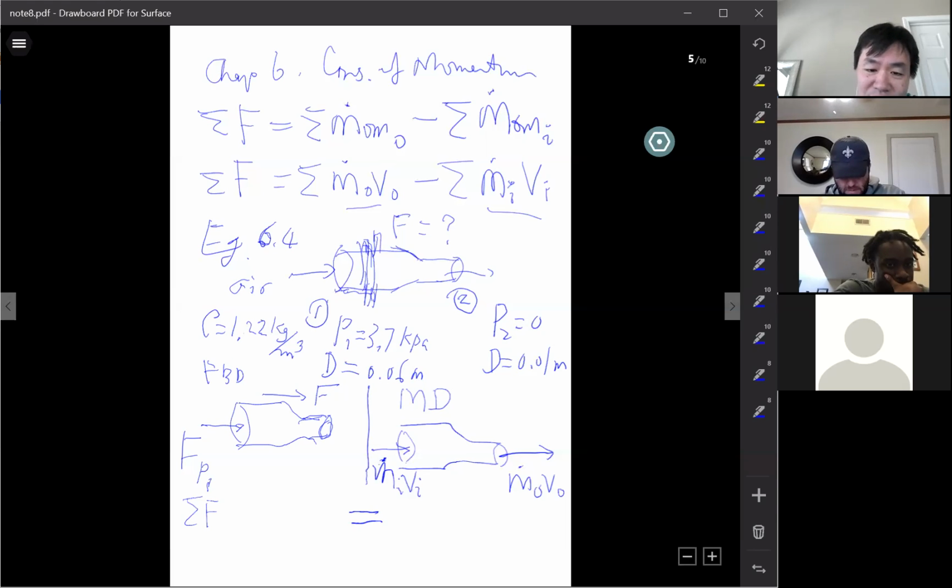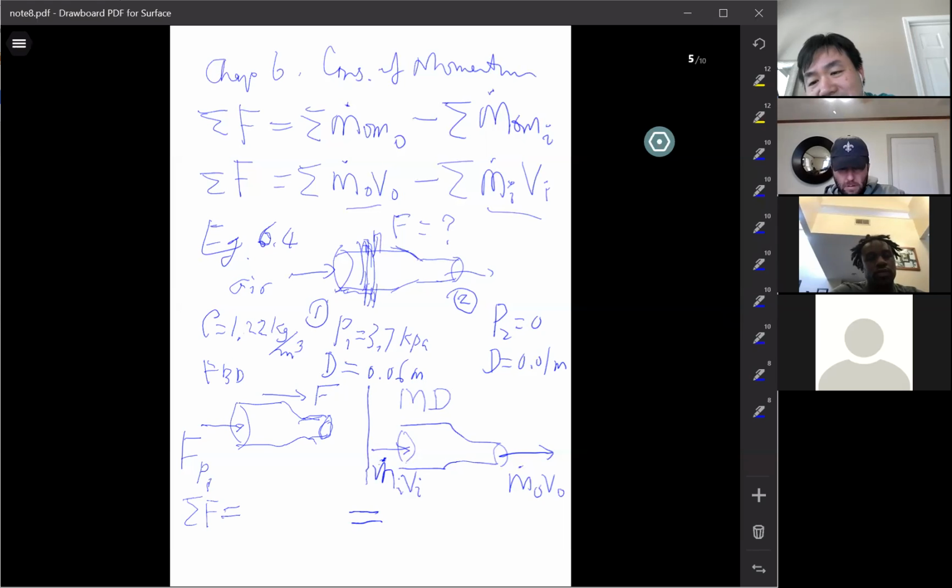I think you should easily write it down. What is the summation of force here? Let me ask you this, is this a 1D or 2D or 3D problem? One dimensional, 1D, right? Both of you agree it's 1D. So if it's a 1D problem, you have only one equation. So what are the forces?